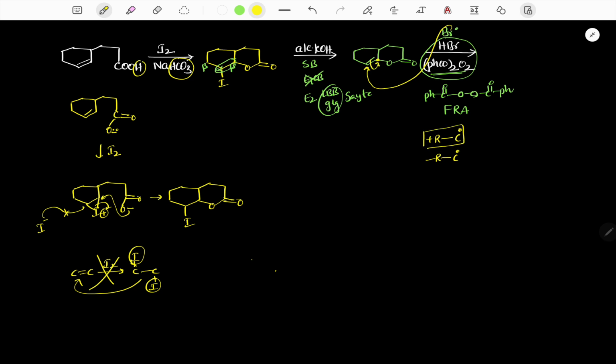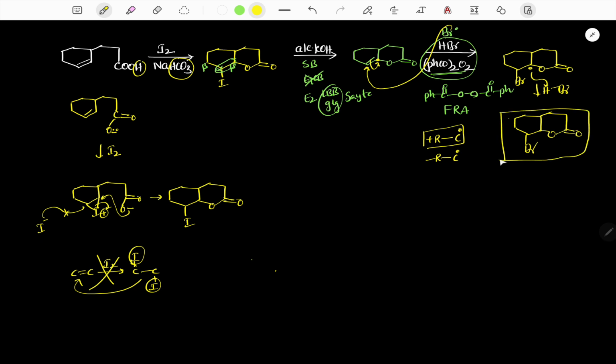That's why the plus R connected radical forms majorly. This is a stable radical supported by plus R and plus H. Now, after the addition of Br, it takes hydrogen from HBr in the propagation step, and finally we get the corresponding product like this. It is our final product. The first reaction is electrophilic addition, the second reaction is E2 elimination, and the third one is free radical addition.